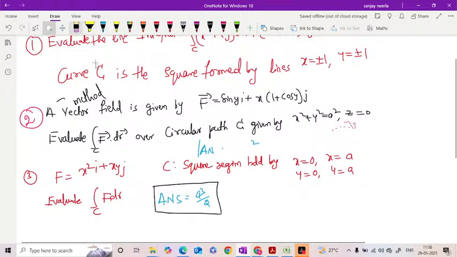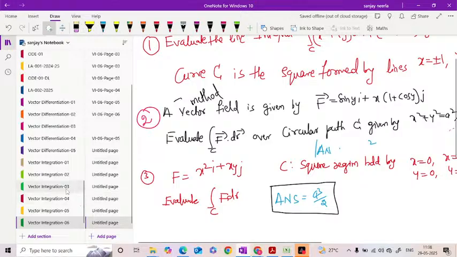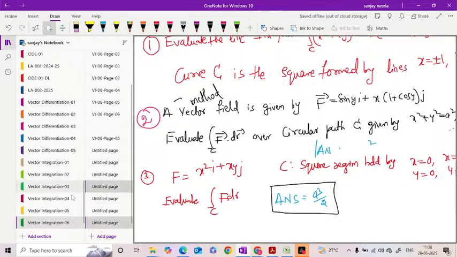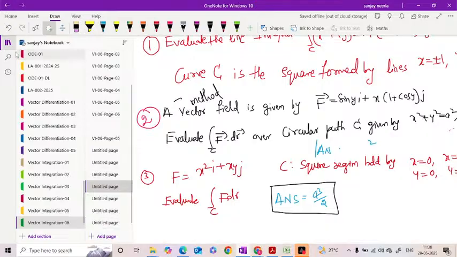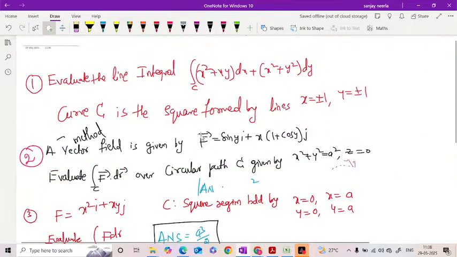One more also. Okay, so try to solve these three problems.